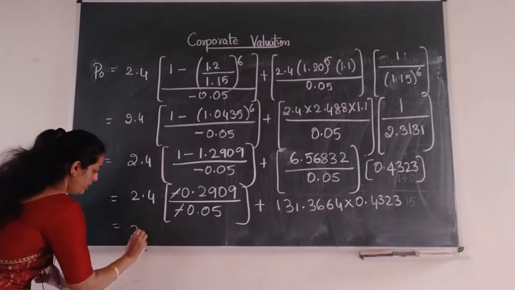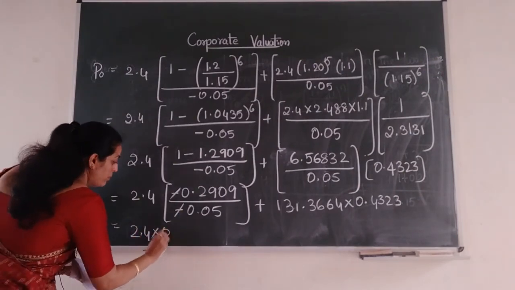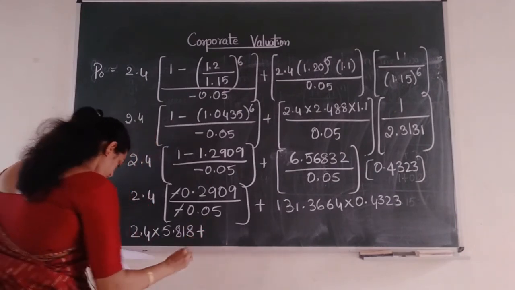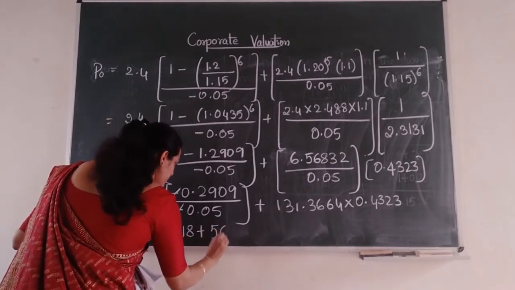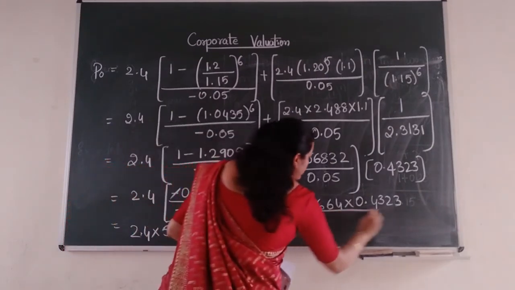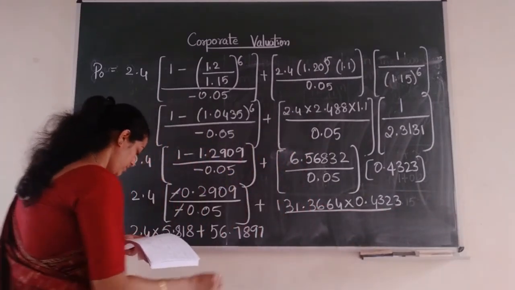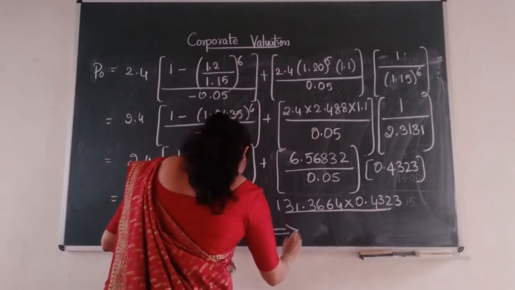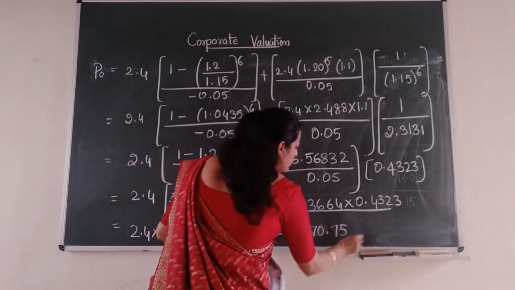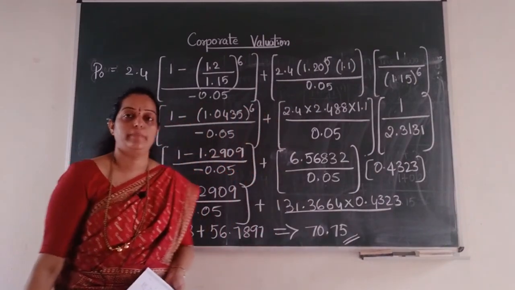So, 2.4 into 5.818 plus 56.7897. Multiplying this, the final answer is 70.75. That's all. Thank you.